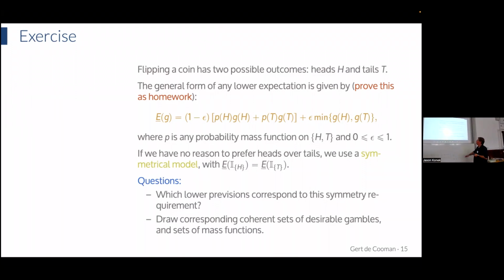And I ask you which lower provisions correspond to this symmetry requirement. So what can you derive from this symmetry requirement? And then quickly draw the coherent set of desirable gambles and the set of mass functions.